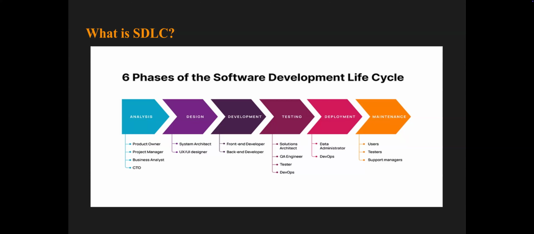In the requirements phase, people collect the requirements: what functionalities are needed in this application, and how many people are needed to develop it. All the requirements are collected in the requirements phase.